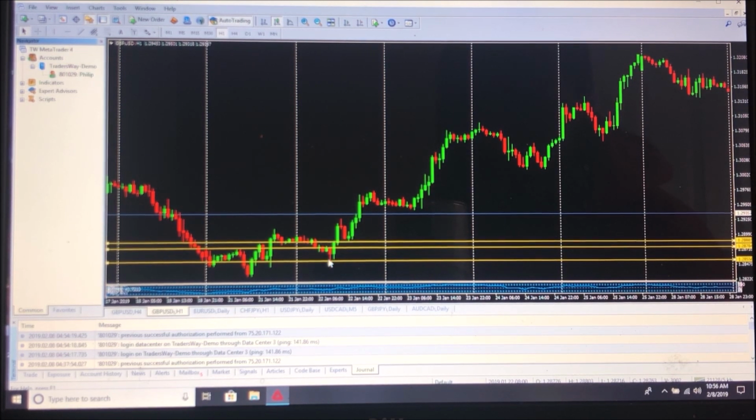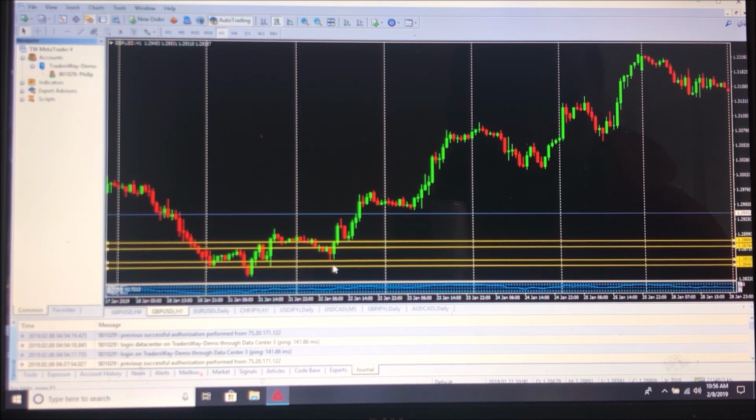All right. And then on the sell stop, if the bottom wick of the 2 a.m. candle would have been 1.28558, then your entry point would have been 1.28458. All right.